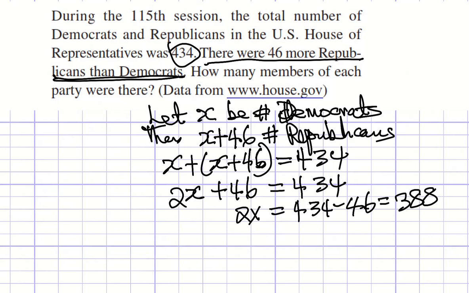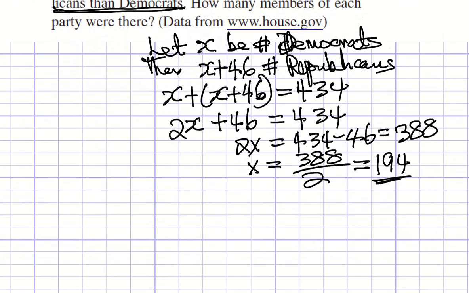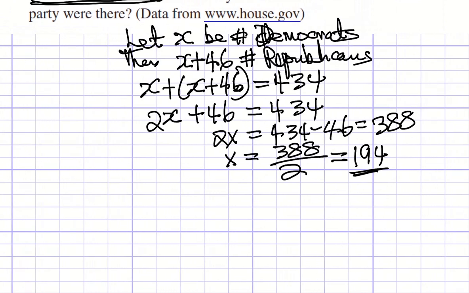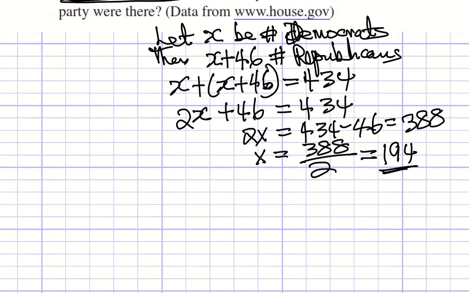Then you say X equals 388 divided by 2. That will give you, let me see, 194. Remember what X stands for, Democrats. So there are 194 Democrats.